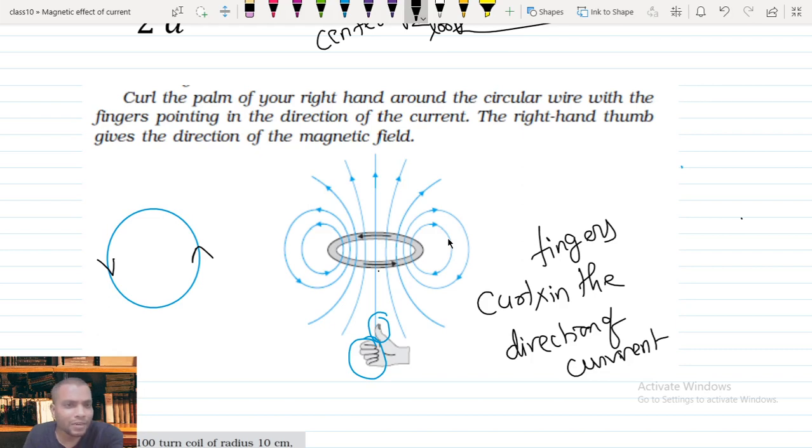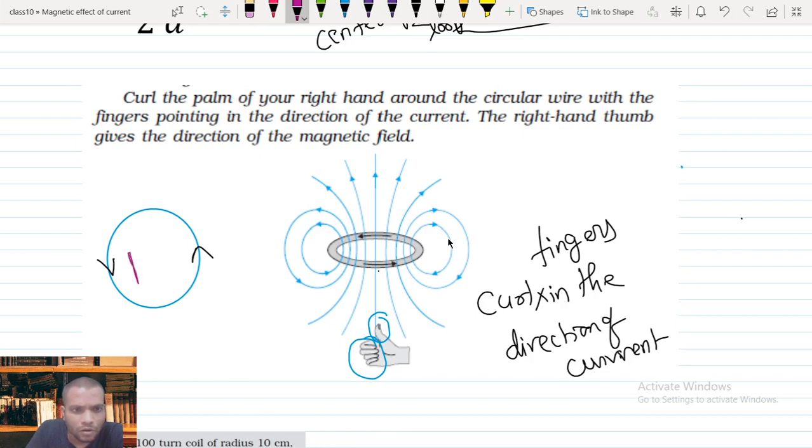Since a magnetic field has two poles, one is the south pole and the second one is the north pole, if this coil is carrying current in the counterclockwise direction, which pole does it indicate? To find that, just draw the letter N, or follow the arrow mark.